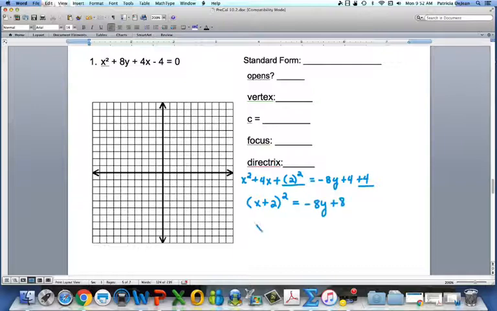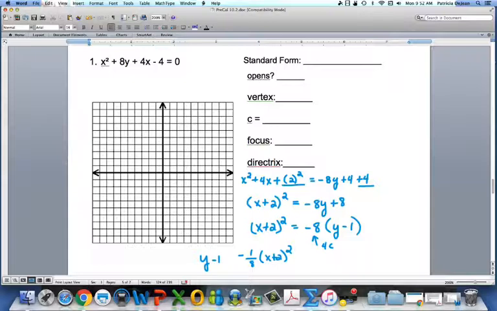I'm going to factor out a negative 8 from the right side, and that'll give me y minus 1. Now, you can leave it here if you want to, and know that this is your 4C or 4A, depending on which book you're looking at. Or if you want to put it in the standard form like we've done it, you would divide by that, and you would end up with negative 1/8 times x plus 2 squared, and then you would have y minus 1.